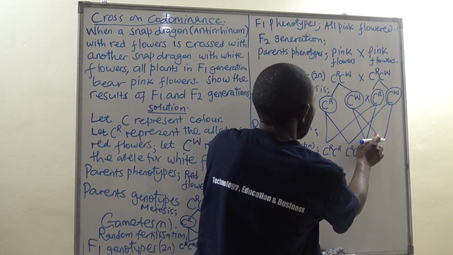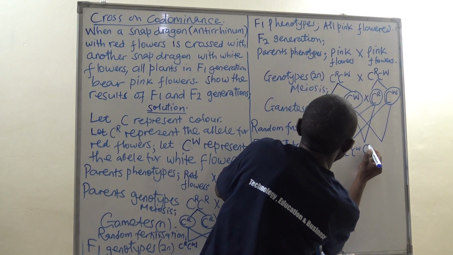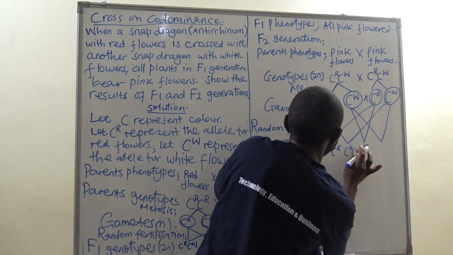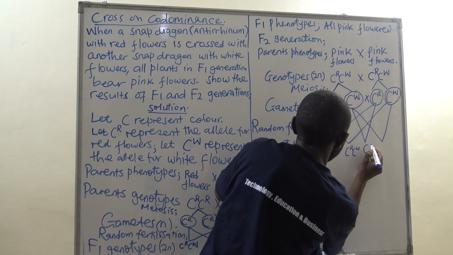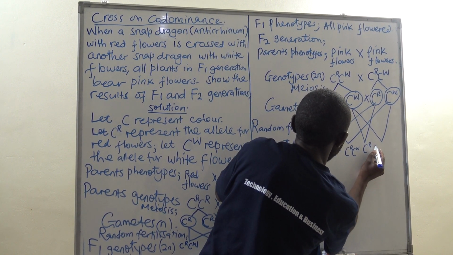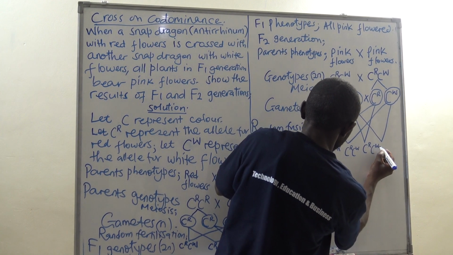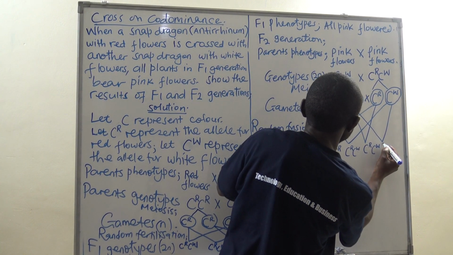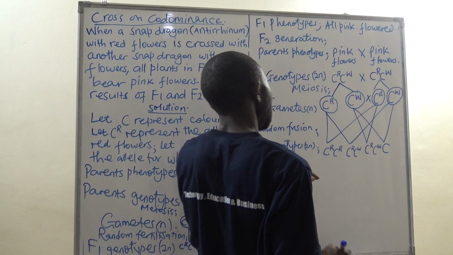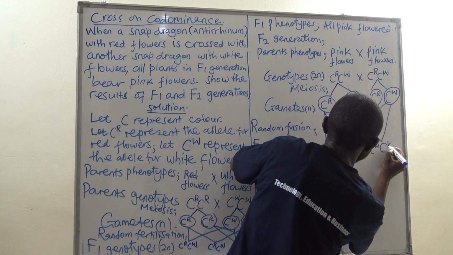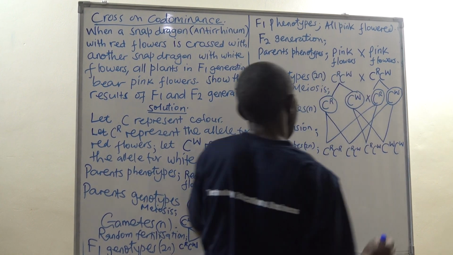This one will be C^R C^W. And lastly this offspring will have genotype C^W C^W.